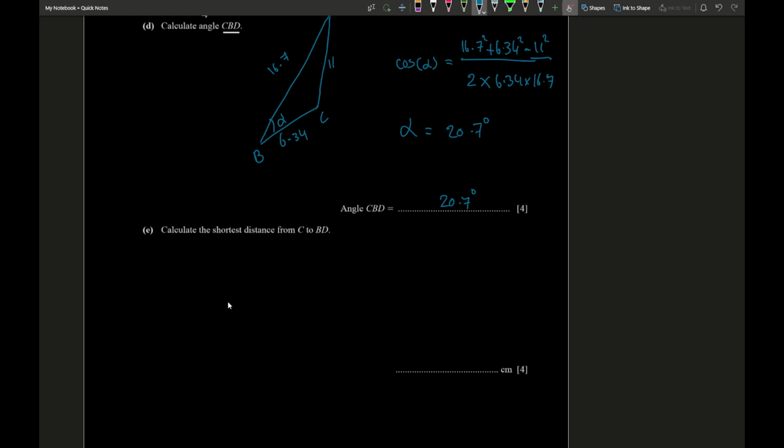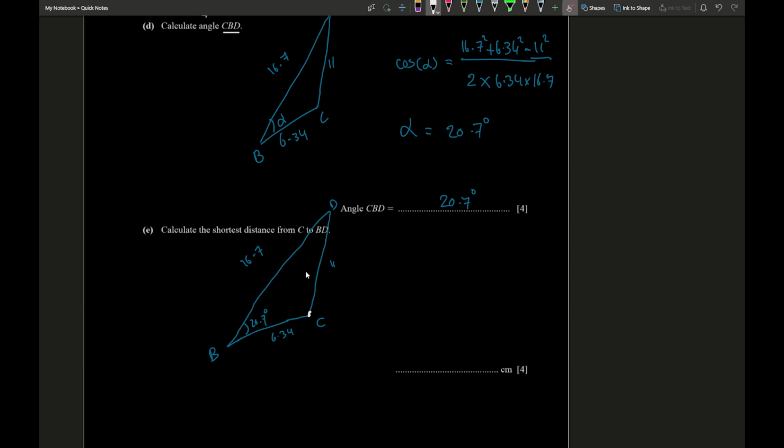I think we'll have to redraw this triangle again. It's not a perfect triangle, but alhamdulillah. Here is angle alpha, which is 20.7 degrees, and this side is 16.7, this is 6.34, and this is 11. It says calculate the shortest distance from point C to BD.